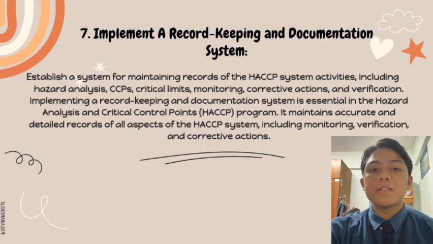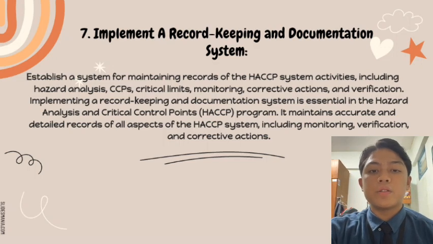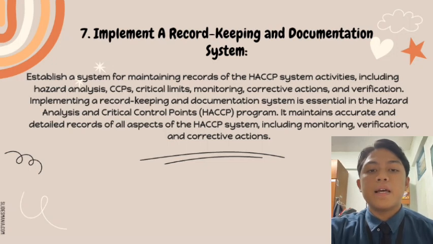Implement a record keeping and documentation system. Establish a system for maintaining records of the HACCP system activities, including hazard analysis, CCPs, critical limits, monitoring, corrective actions, and verification.